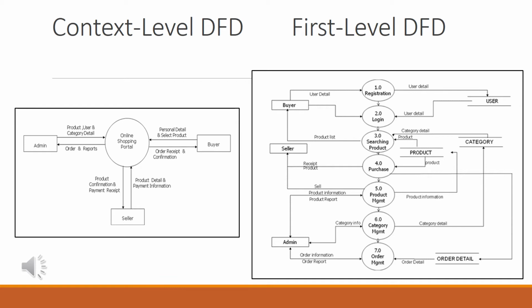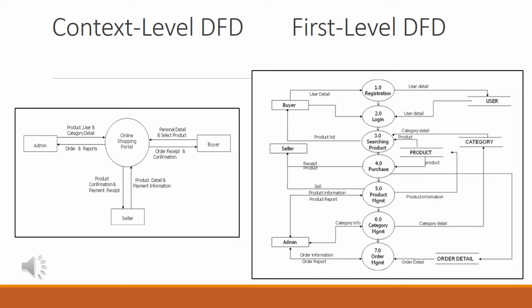As you can see, the online shopping portal, which was used as a single process in the context level DFD, is now decomposed into registration process, login process, searching product process, purchase, product management, category management, and order management. So one single process we have decomposed into multiple processes in the first level DFD.